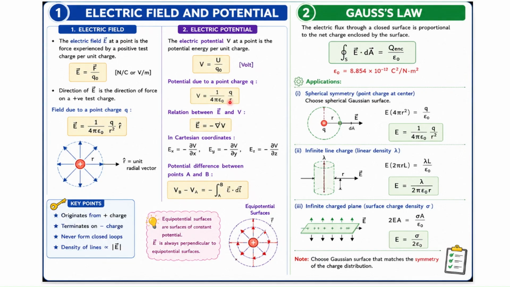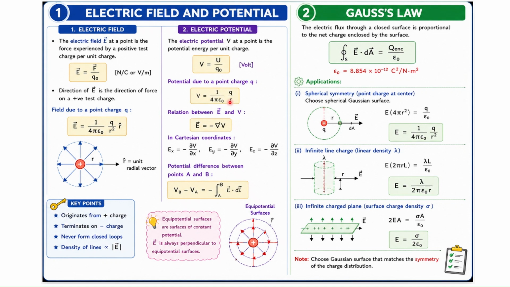One important thing that I want to mention here is how these two concepts, electric field and electric potential, are connected. We are going to see how this relationship came up.